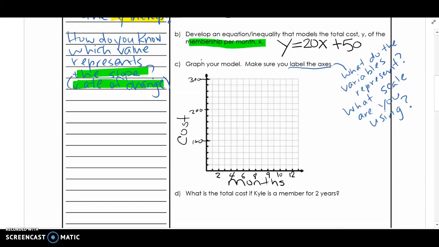So the scale on the y-axis goes by 20s and the scale on the x-axis goes by 1s. So if we're starting with $50, we want to go up to the $50 mark on the y-axis for 0 months. Right at the beginning, he pays $50, and then his cost increases by 20 every month.